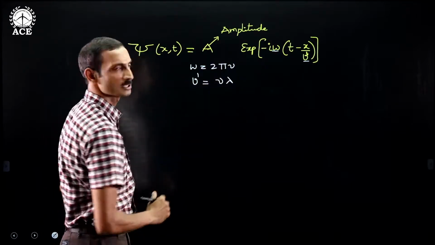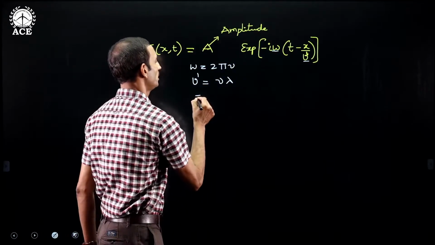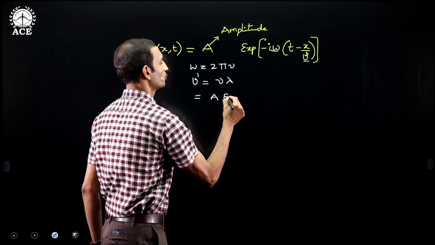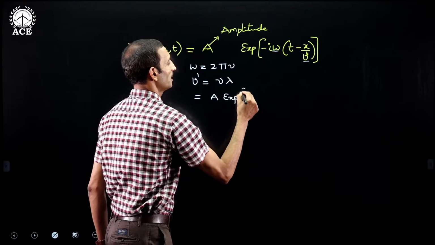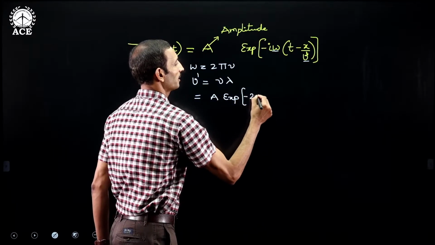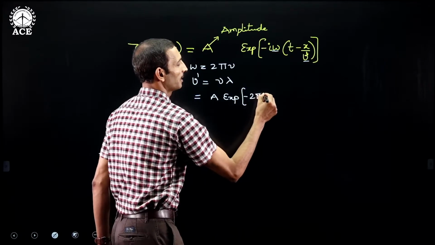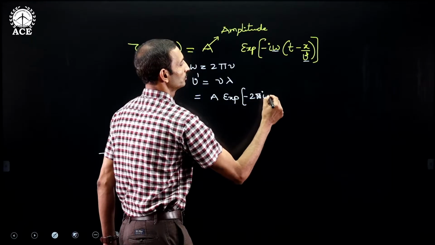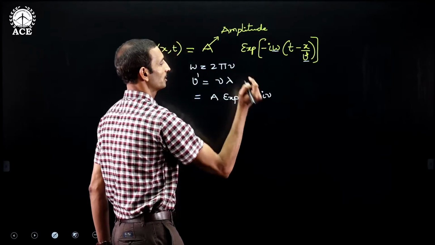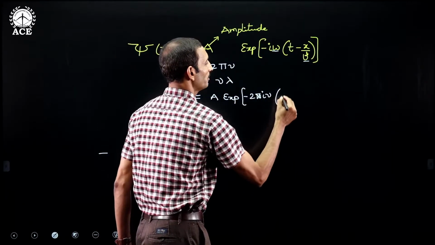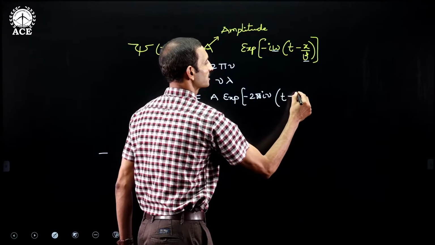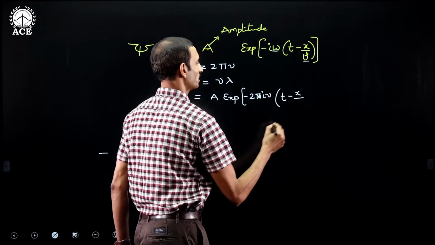Now I'm going to replace this in the expression, so that this would be A into exponential of minus 2 pi i into nu, because 2 pi nu is nothing but omega, into (t minus x by v'). What is v'?